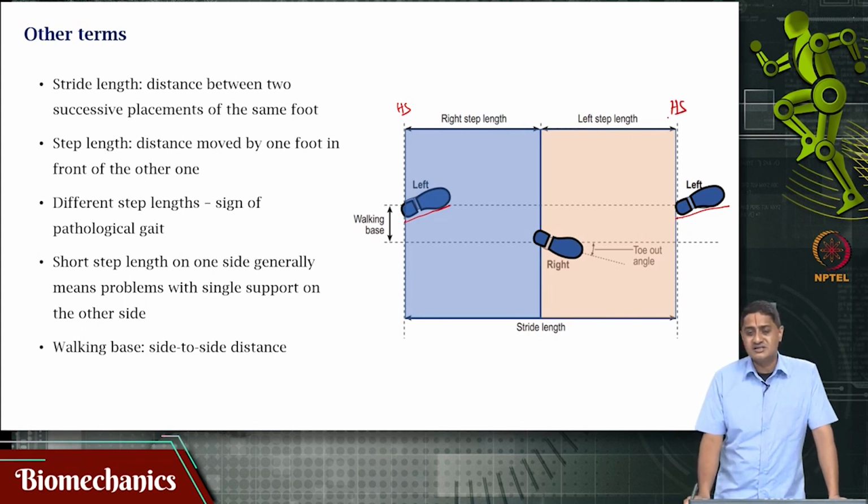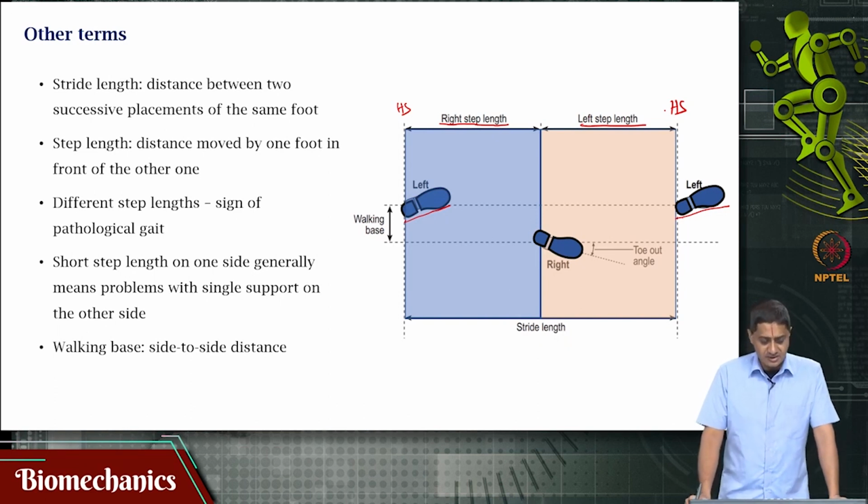The total distance that is crossed between this is called stride length. Okay. Of course, some part of this would be crossed by the right leg step, and some part of it would be crossed by the left leg step. Okay.